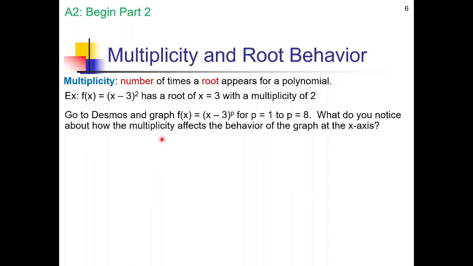So to explore this, I'd like you to pause the video, go to Desmos, and graph out f of x equals (x minus 3) to the p. You can plug in any number you want or make a Desmos slider for that, however you want to handle it. But plug in the numbers 1 through 8. See how that graph interacts with the x-axis, and then maybe see if you can draw some conclusions about the type of number this is and how things are behaving.